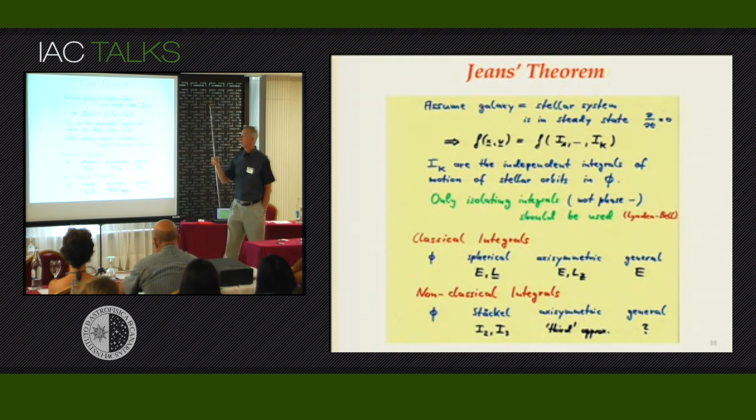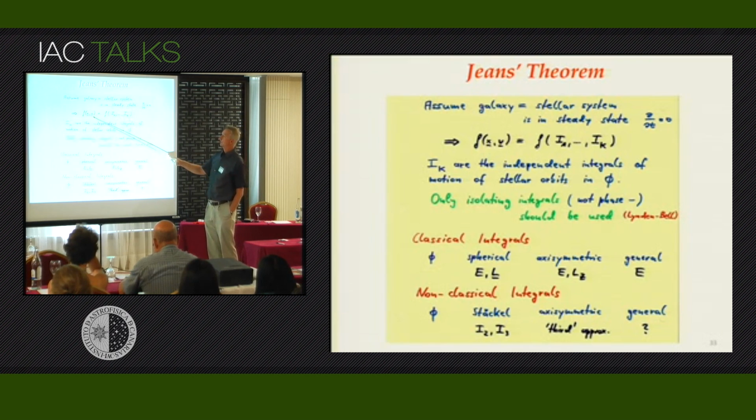Now, independent, of course, means I can always construct a function of integrals, for example a function of I, but these are not independent. They don't describe a different torus, if you see what I mean. So you need independent integrals, and then they should be isolating.